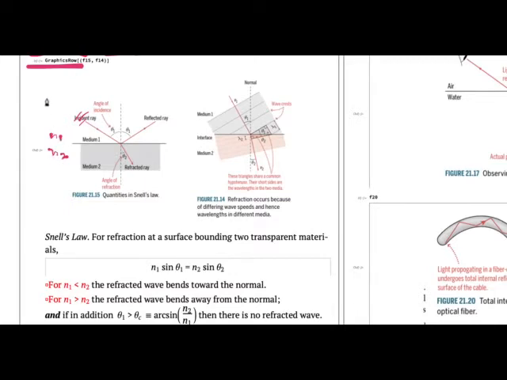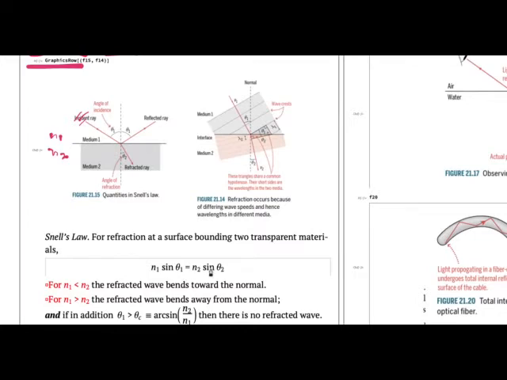Let's suppose we have light from air into water. The index of refraction of air is pretty close to 1. The index of refraction of water is 1.33. It's a little larger than 1. So 1 times sine theta 1 is 1.33 times sine theta 2.